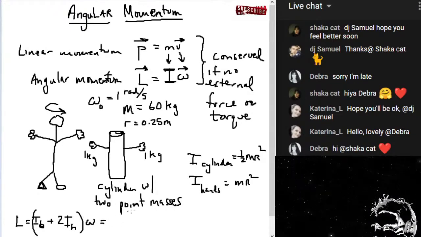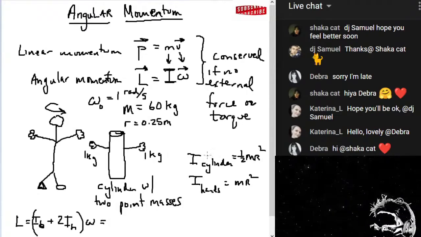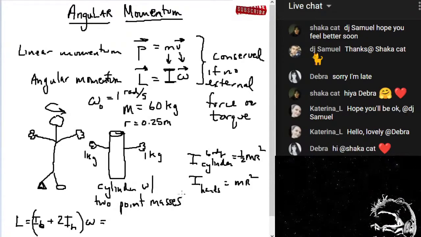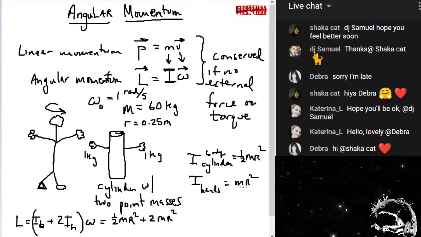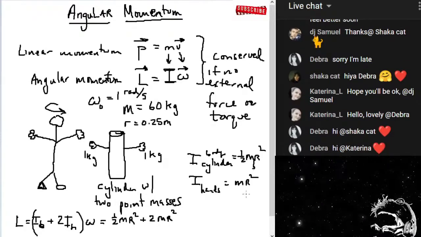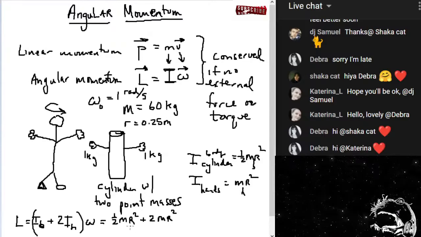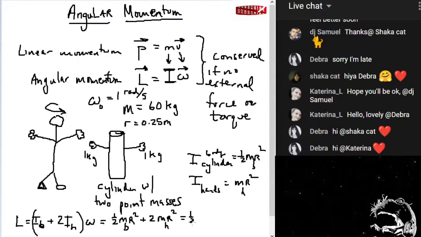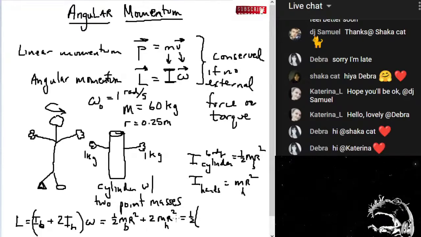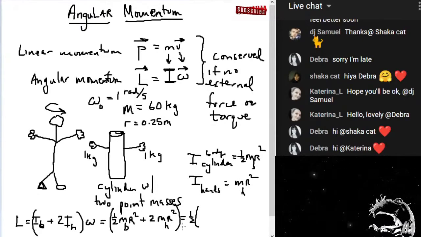So it's going to be I of the body, which is the cylinder here, 1/2 mr squared, plus 2 times mr squared. And these masses are different. This is the body, this is the hands. This is all times omega, by the way.